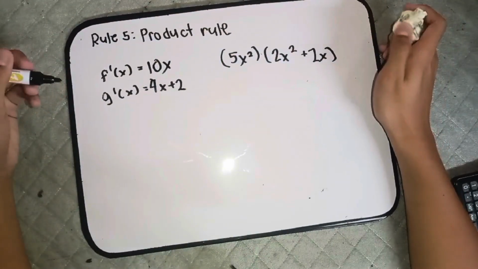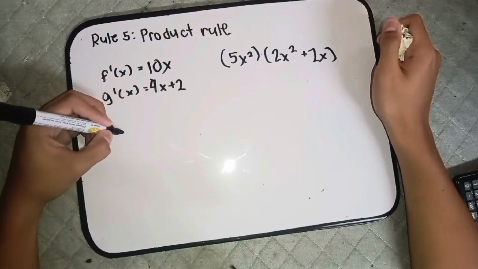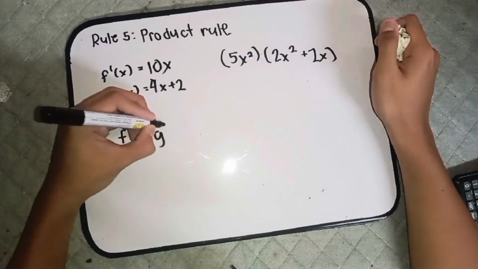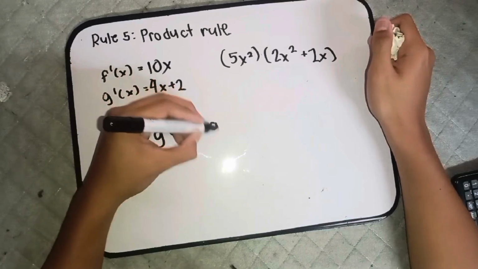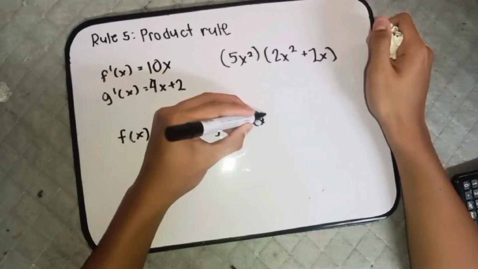Now let's follow the equation given in the formula, which is f of x times the derivative of g of x plus g of x times the derivative of f of x.